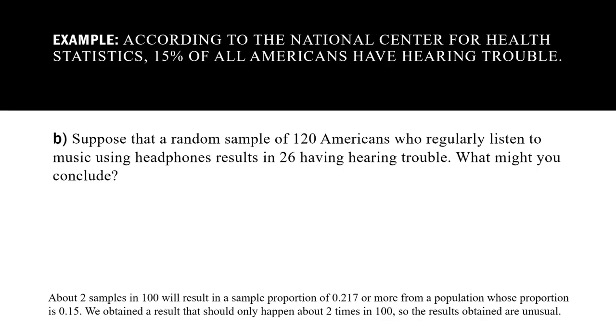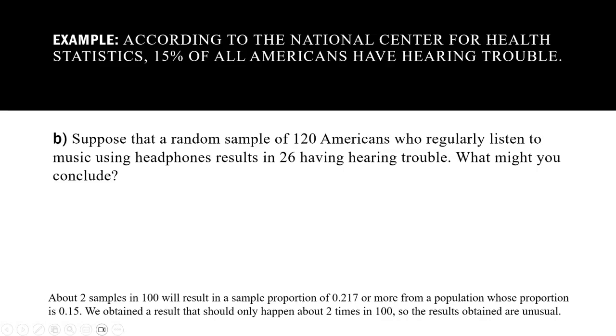So about 2 samples in 100 will result in a sample proportion of 0.217 or more from a population whose proportion is 0.15. So we obtained a result that should only happen about two times in 100. So the results obtained are unusual. Again, that number is less than 0.05, so we would say that is unusual.